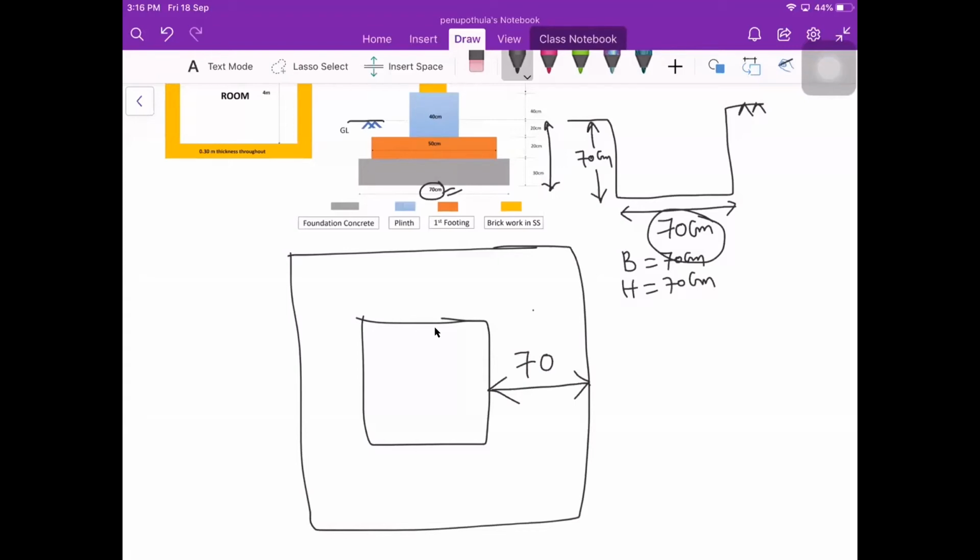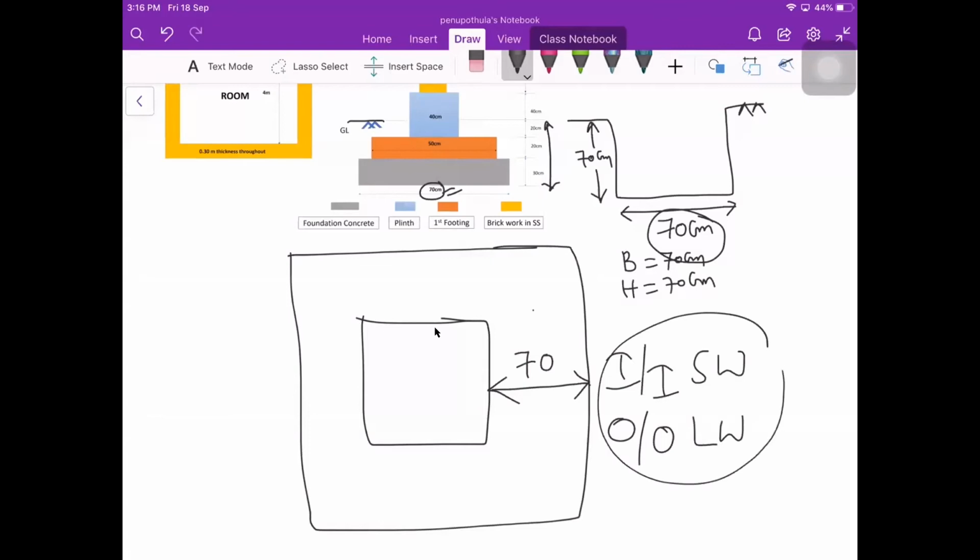We have already calculated the center to center line length of long wall and short wall, and also found the in to in length of short wall and out to out length of long wall, isn't it? We have already calculated this for foundation concrete. It is one and the same for the earthwork excavation, because the width is the same here.